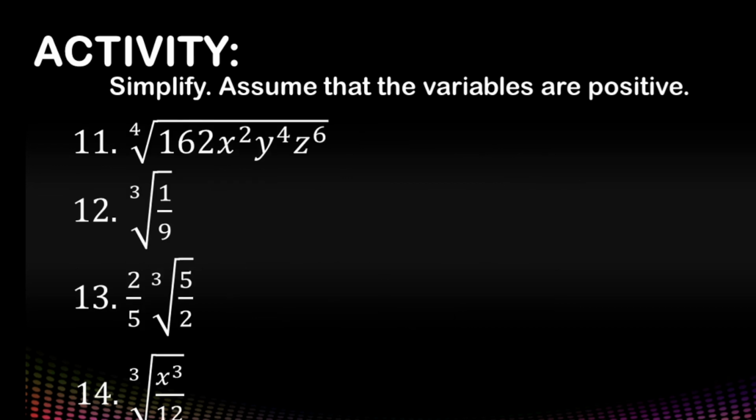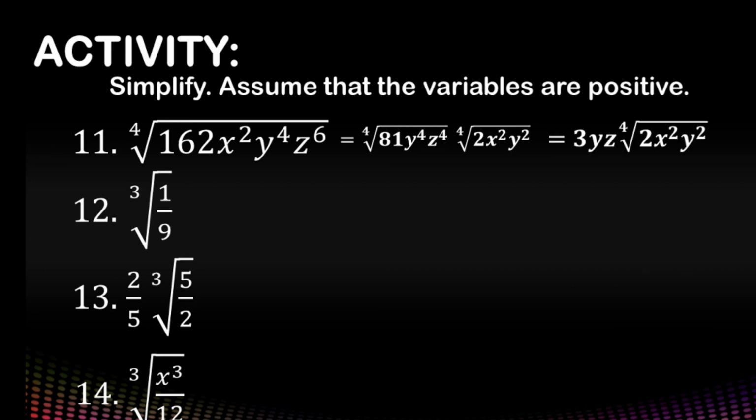We have the fourth root of 162x squared y raised to 4 z raised to 6. Therefore, we have the fourth root of 81 y raised to 4 z raised to 4 times the fourth root of 2x squared y squared. So therefore, we have 3yz times the fourth root of 2x squared y squared.